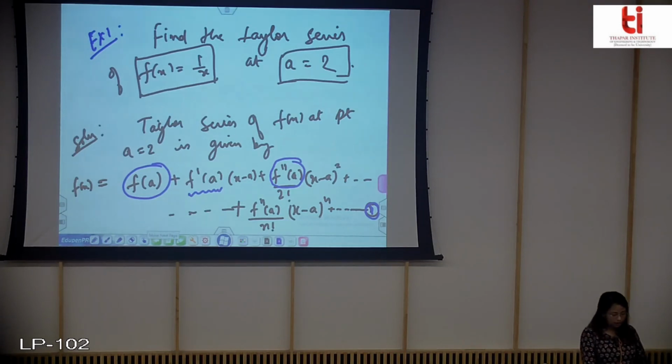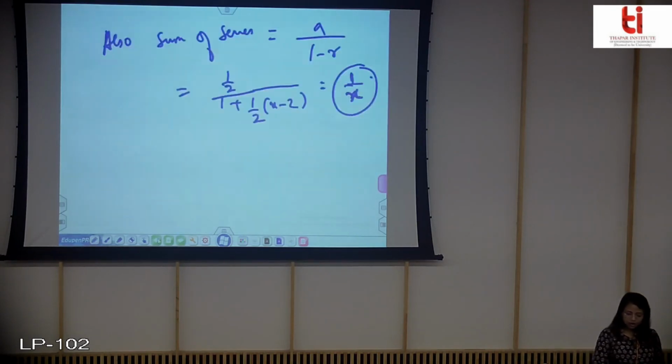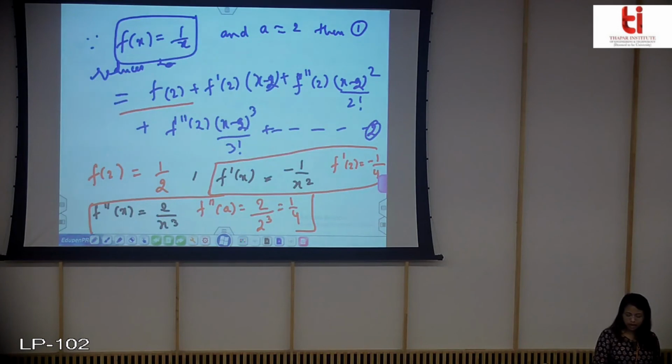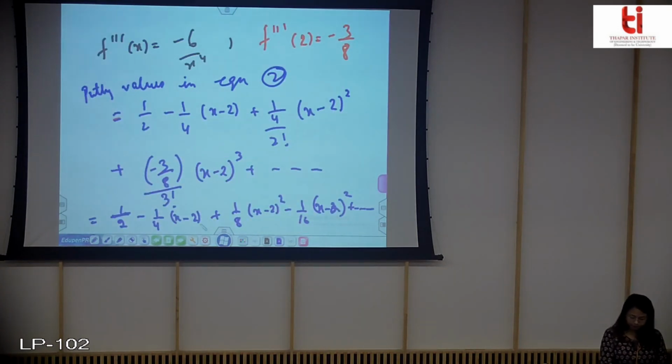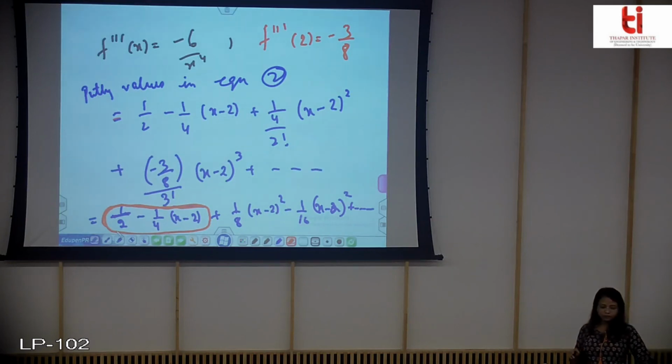So one thing you can see is that if you draw the graph, suppose that you have this function f(x) and you draw the graph, and what you did is approximation. Suppose that I took only this many terms, and I want to see the graph of the polynomial of these two terms.